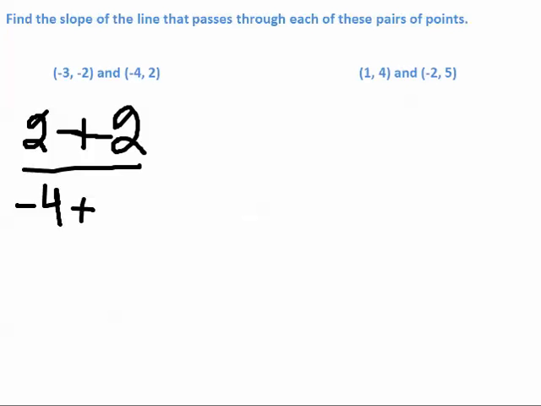So that's going to be a positive 3 because two negatives make a positive. 2 plus 2 is 4 over a negative 4 and a positive 3 is going to give me negative 1. I can simplify this for my slope to be negative 4.